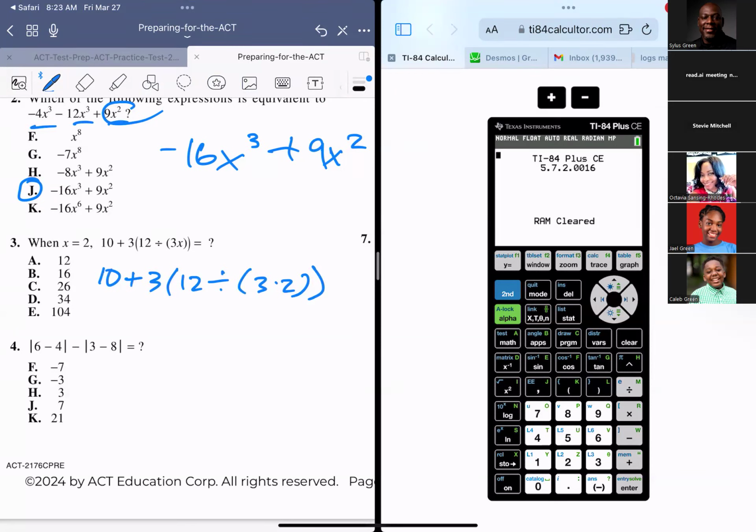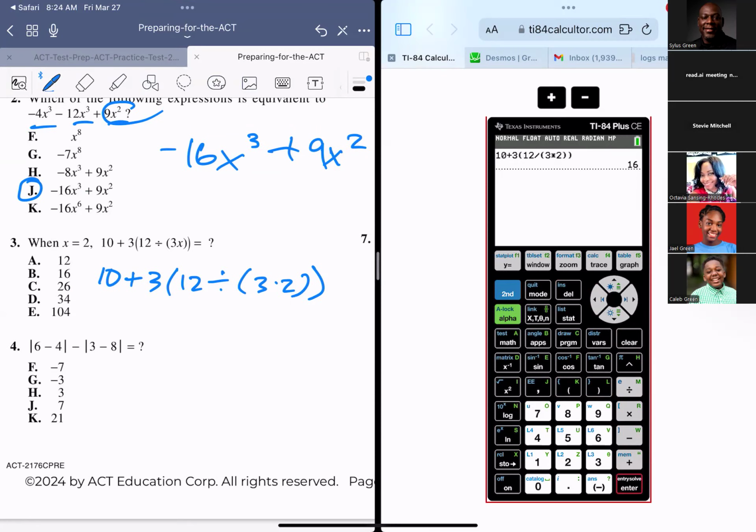Okay, and then if we put this in our calculator, it would be 10 plus 3 parentheses. Don't forget the parentheses, they're very important. Divided by parentheses 3 times 2. And then you press enter.